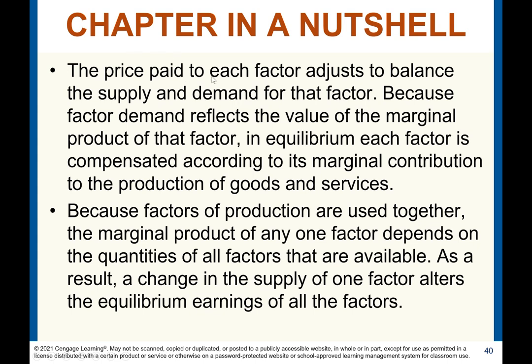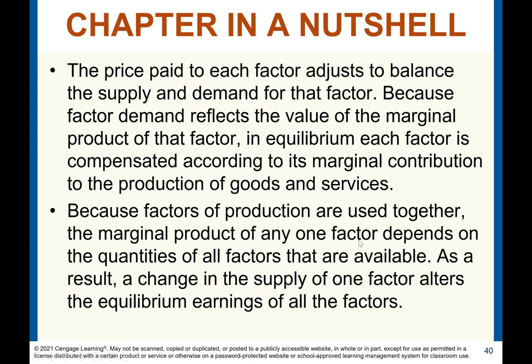The price paid to each factor adjusts to balance the supply and demand for that factor. Because factor demand reflects the value of the marginal product of that factor, in equilibrium, each factor is compensated according to its marginal contribution to the production of goods and services.